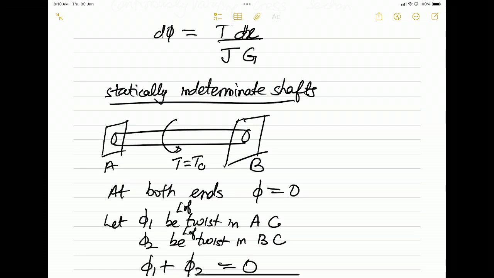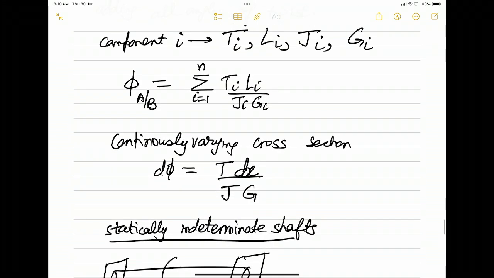And here, using our simple concepts, we developed this formula: phi AB is equal to T times L by J G. G, of course, is a property of the material, T is the torque, L is the length of the shaft, and J is the polar moment of inertia, the integral of r squared dA.